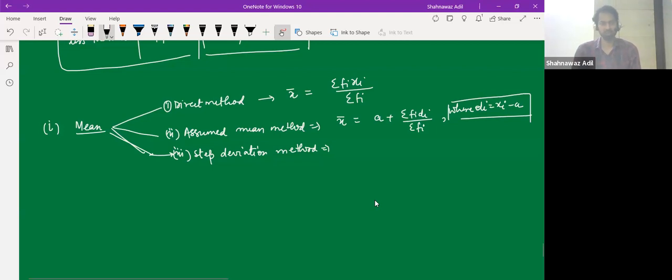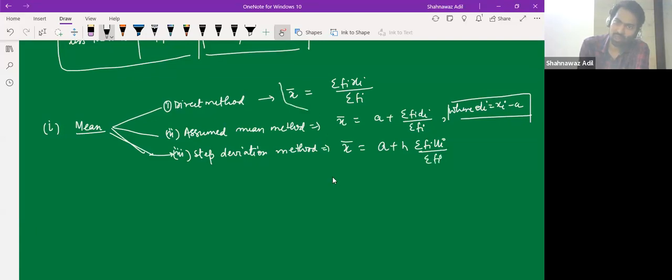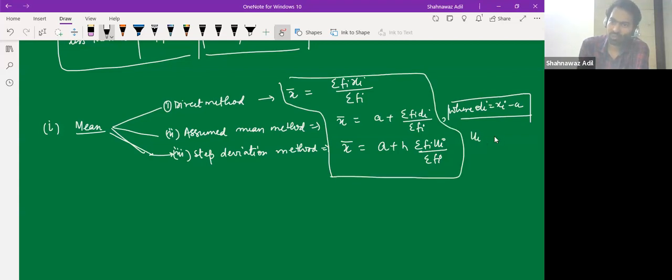You don't want your work to be harder, right? You don't want to make your question complicated, right, Shaima? So fi ui divided by fi, right? If you have those larger numbers, then you'll have to use this step deviation method. But if your teacher is saying that this will not come, then we have to see.